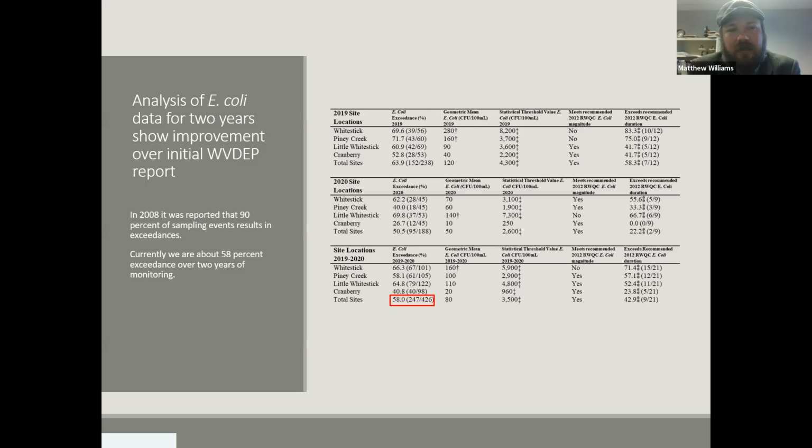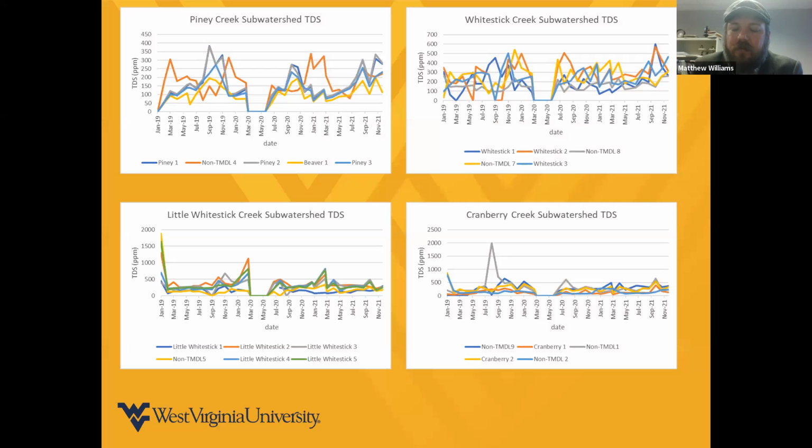So it's been a fairly successful project, and there are some other 319 projects planned to try to get people help with their septic and sewer. But we're already seeing a potential reduction from what the numbers were back in 2008. We'd like to see that reduce even further.